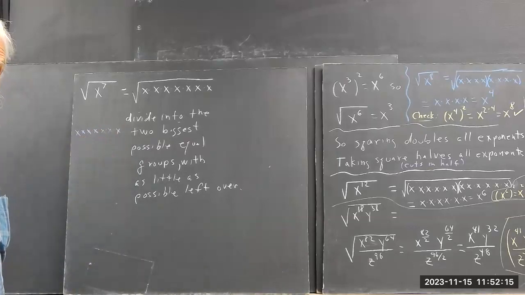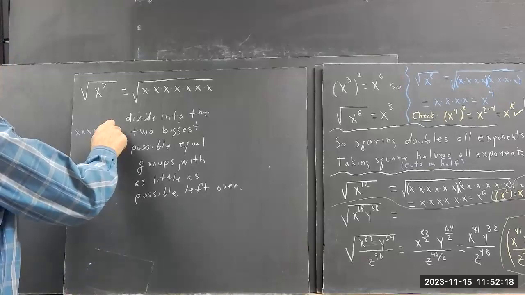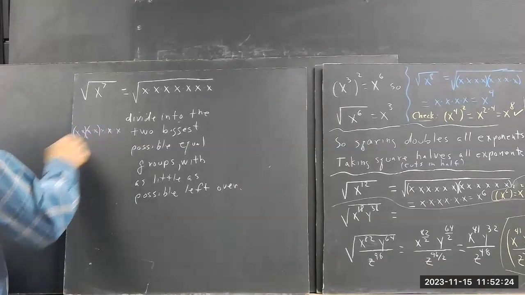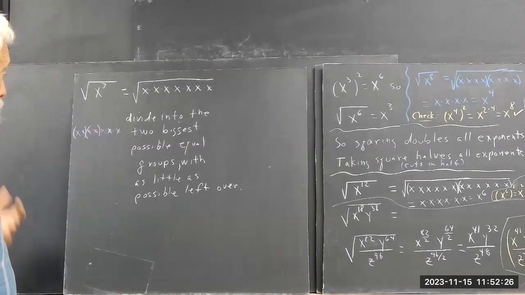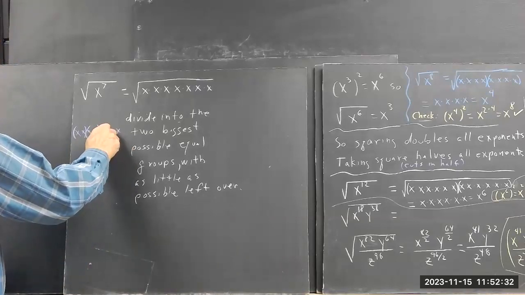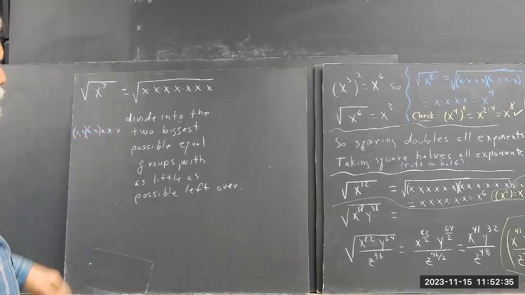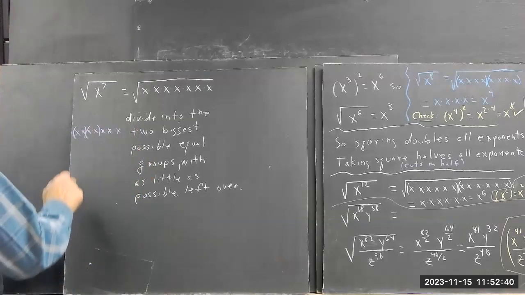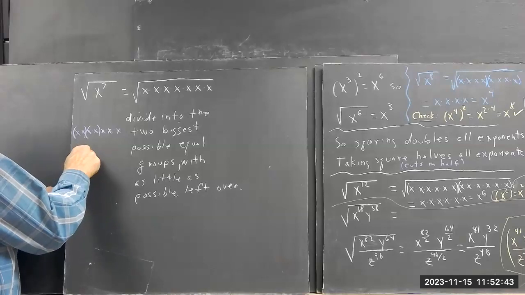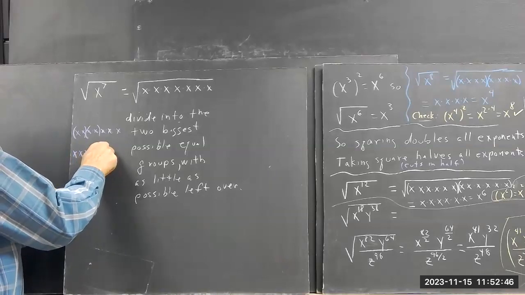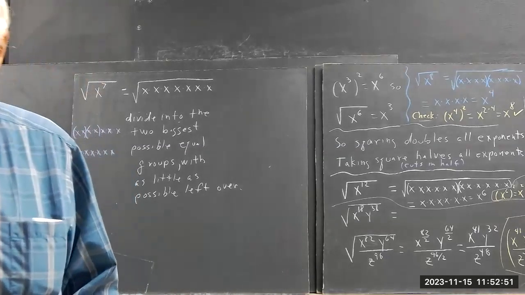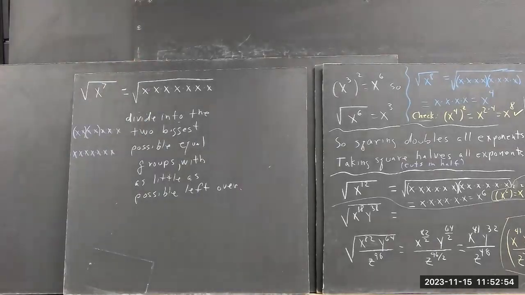What I've got, there's 7 of them. Now, what could I do? What equal groups could I use? Well, I could use equal groups of 2. What would I have left over? I'd have 3 x's left over, right? Well, I've divided it into equal groups, but is there a way to do 2 bigger equal groups? So can we write this out and make 2 bigger equal groups that have less left over?